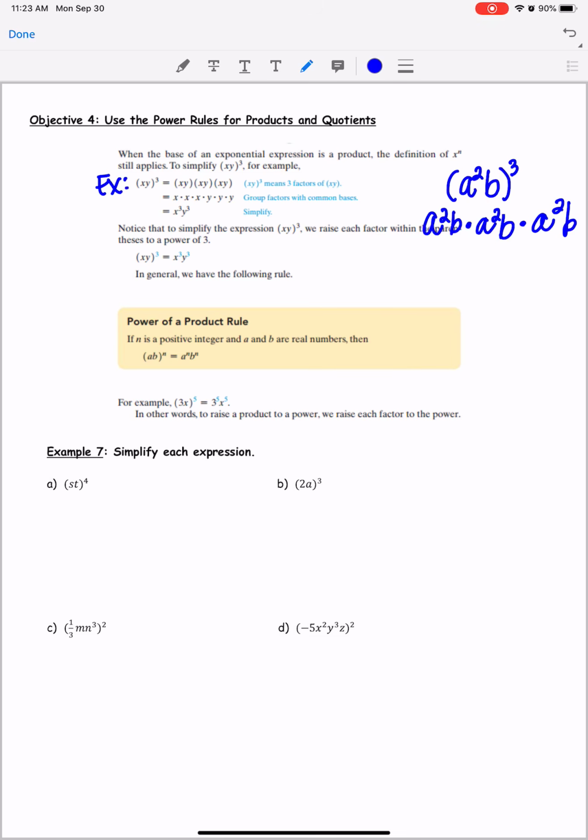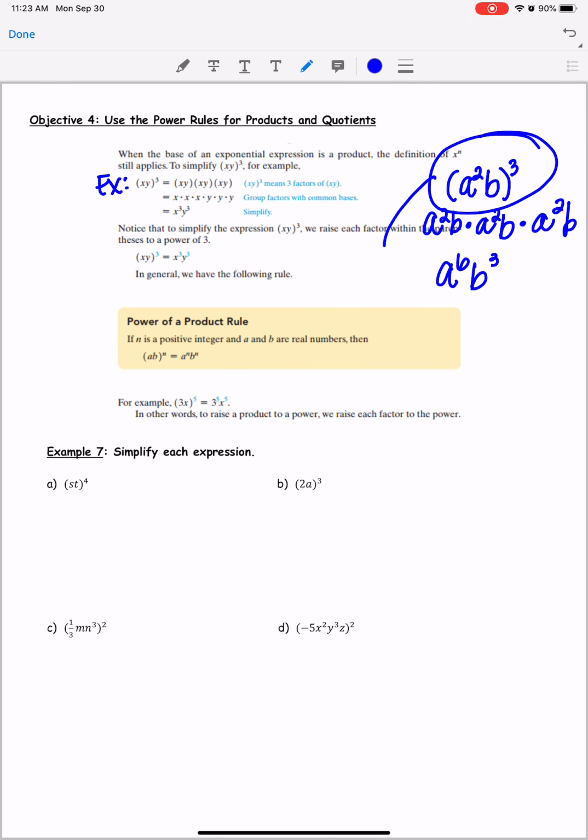Okay, so now multiply. We've got a squared, a squared, a squared. So 2 plus 2 plus 2 gives me 6. So I've got a to the 6, and then b, b, b. So 1 plus 1 plus 1 gives me b cubed.